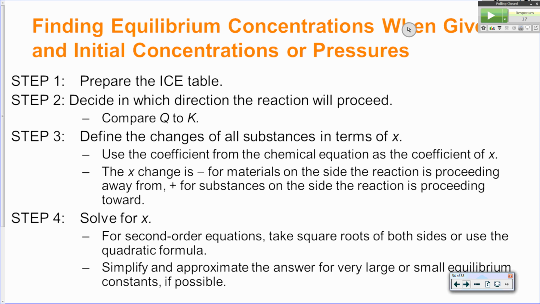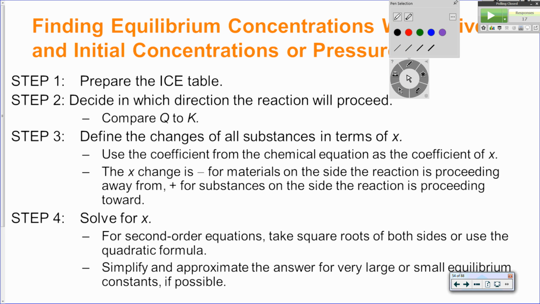Now we move to what I like to call the challenging phase. Now we're going to apply this to systems where we're finding equilibrium concentrations when we're given the initials.